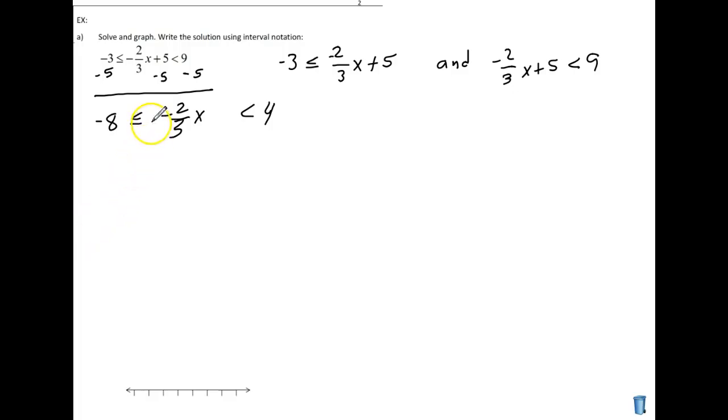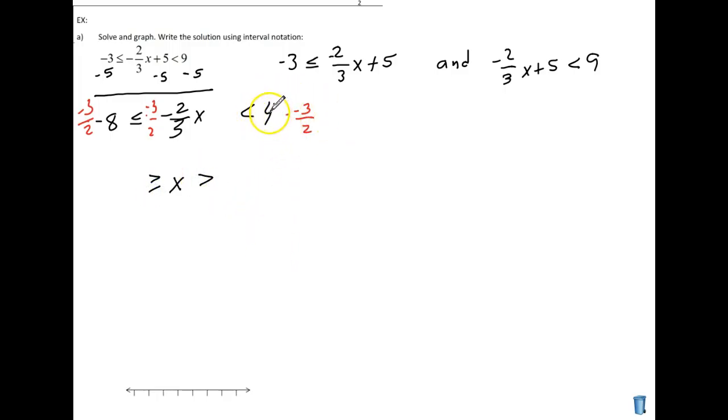In order to get rid of my negative 2/3, I'm going to multiply by the reciprocal, which is negative 3 halves, and then I have to do that over here as well. Negative 3 halves, negative 3 halves, okay? So then what I'm left with, this becomes just x. Now I multiplied by a negative 3 halves, which means I need to flip my inequality signs.